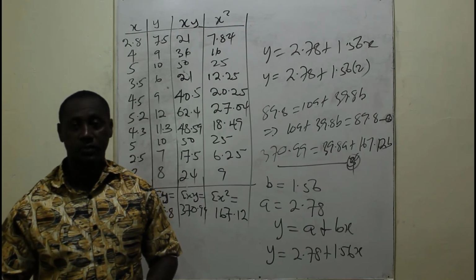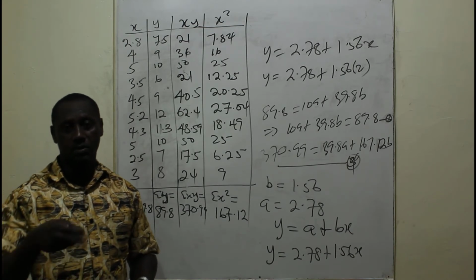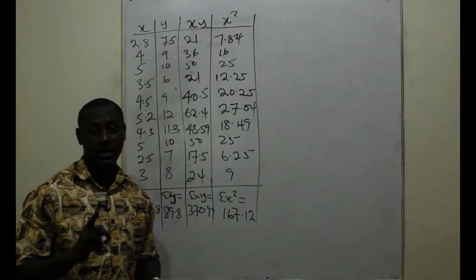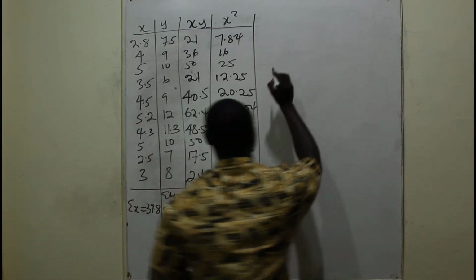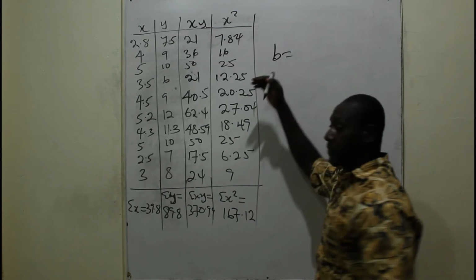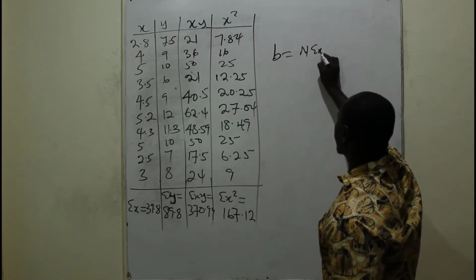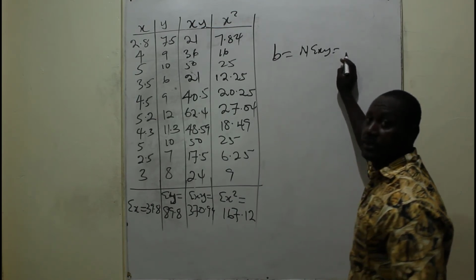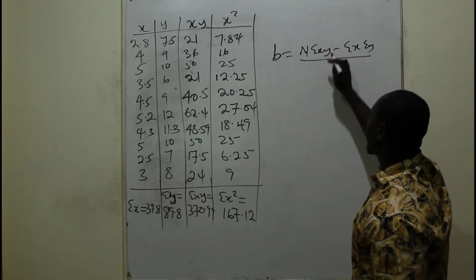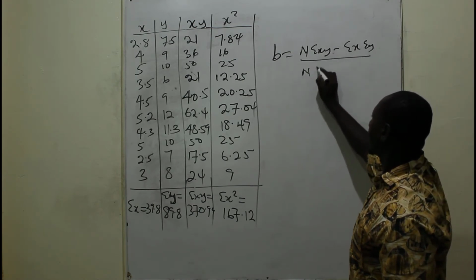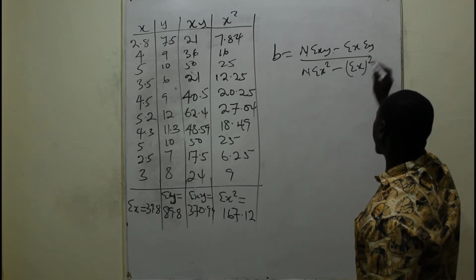Now, there's another way we can do that, and I'm going to give it to you now. Remember we said earlier that when we manipulated the two normal equations, B is equal to n times summation of xy minus summation of x times summation of y, divided by n times summation of x squared minus summation of x all squared.